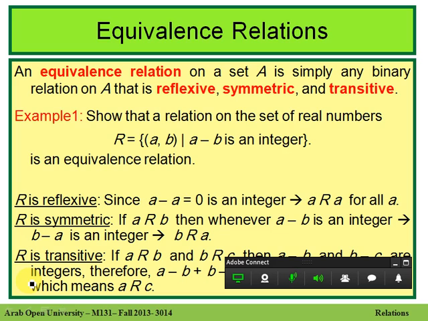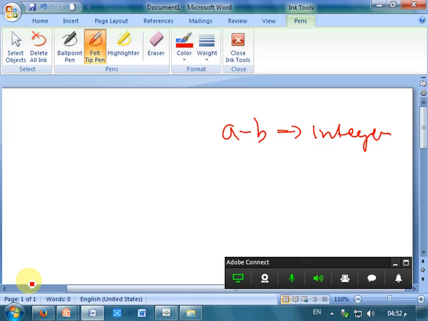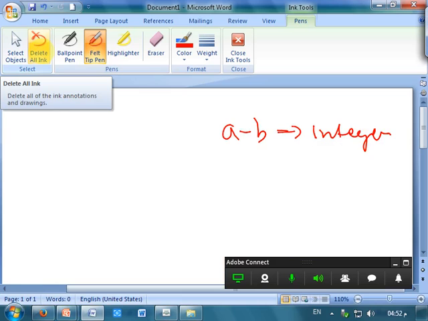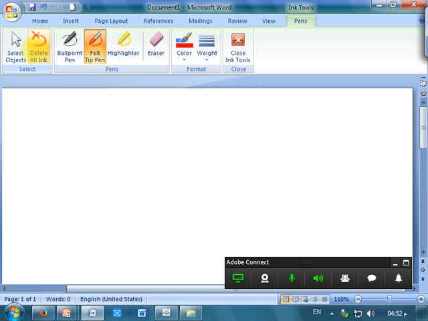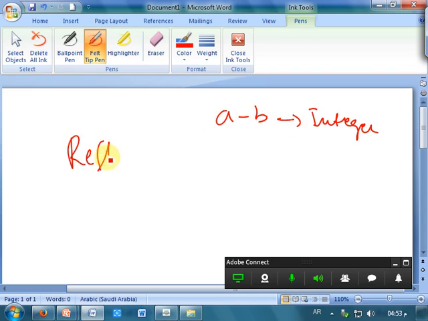Now given is the set of real numbers, and the condition says that a minus b is an integer. If you take reflexive first, it says that for any element there should be the same element, along with (a, a).